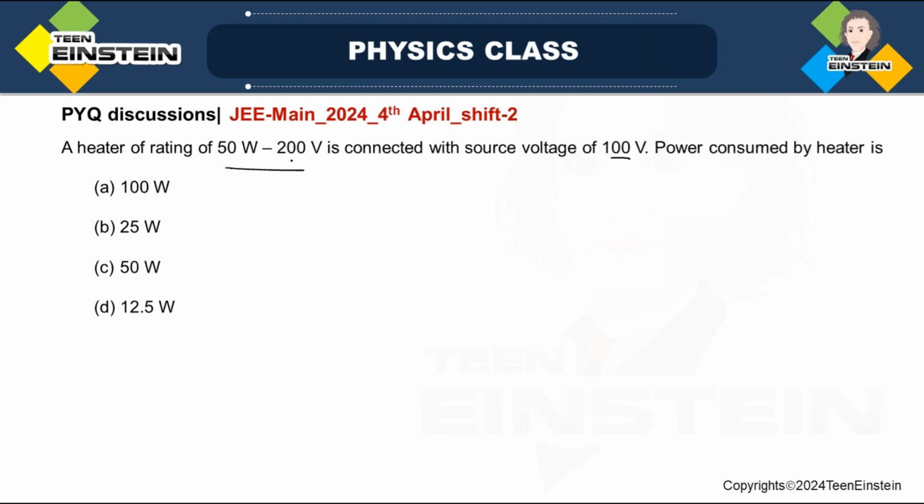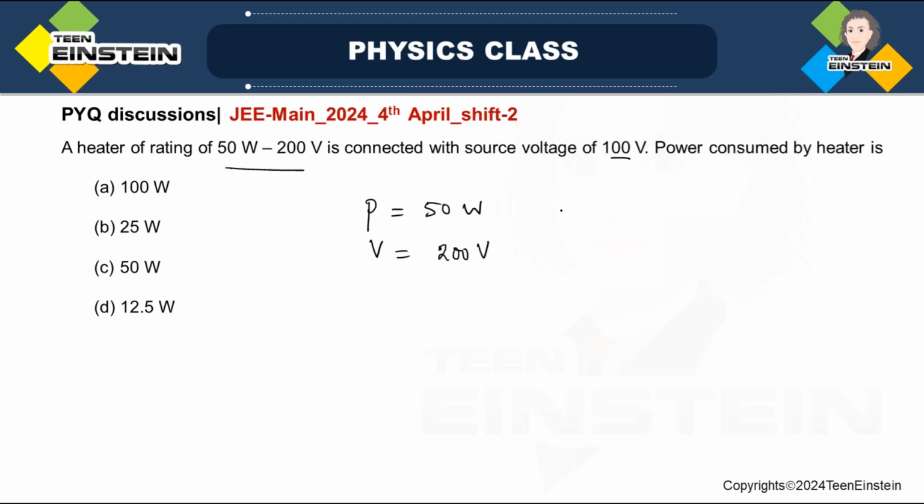So 50 watt 200 volt is the power rating. That means power is 50 watt and voltage is this one. That means when the voltage across the heater is 200, then the power consumed by the heater will be 50.